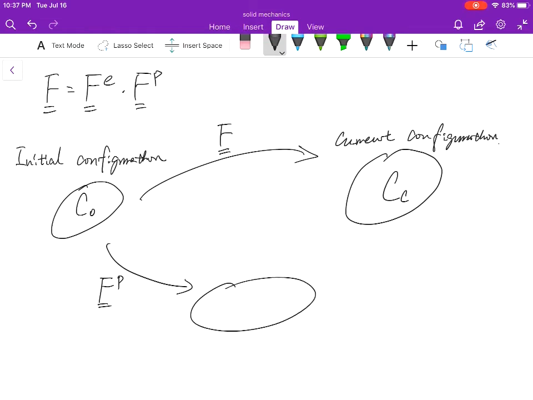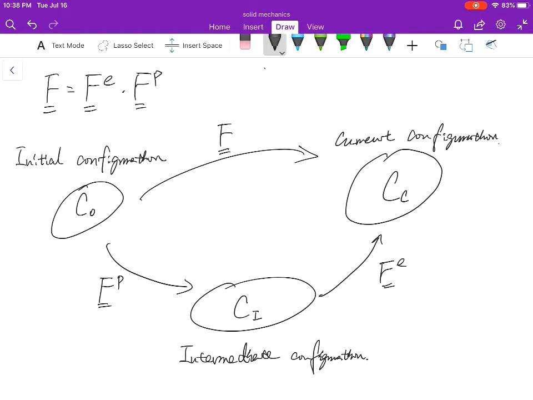So we get another configuration, and this is the so-called intermediate configuration. Alright? And after this, we apply a pure elastic deformation associated with Fe.